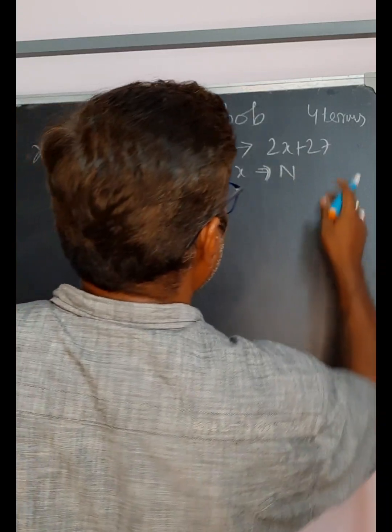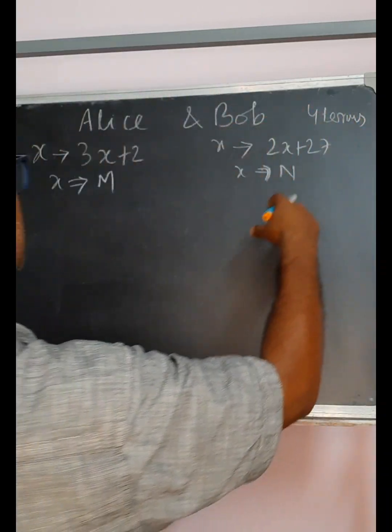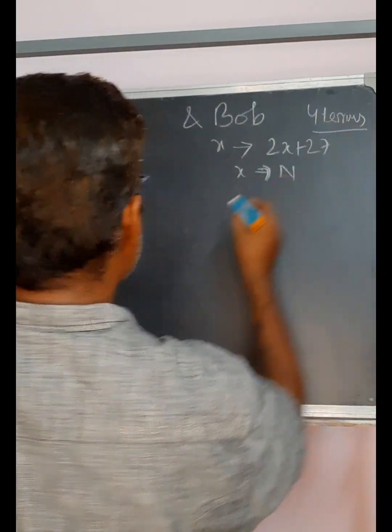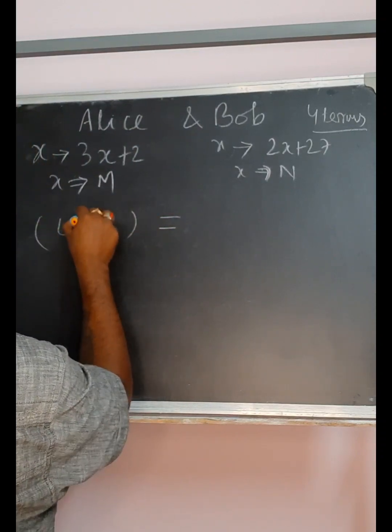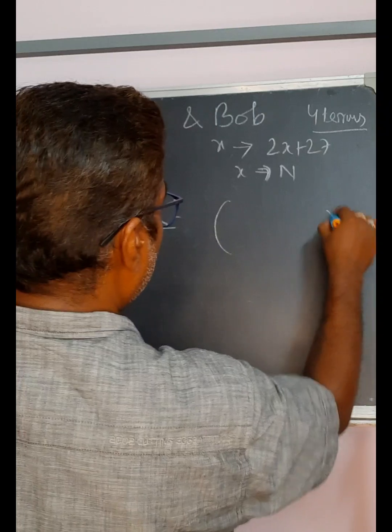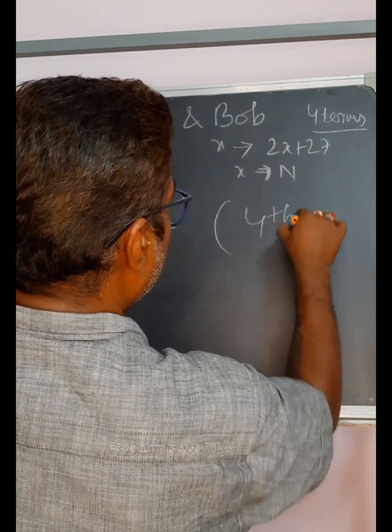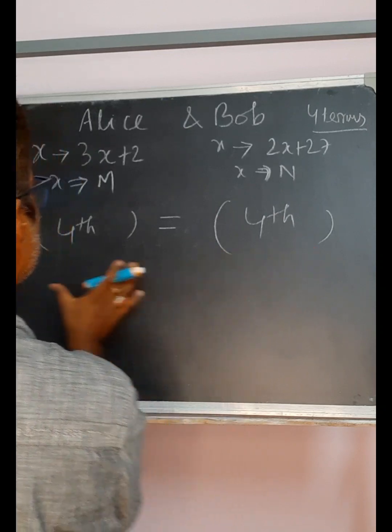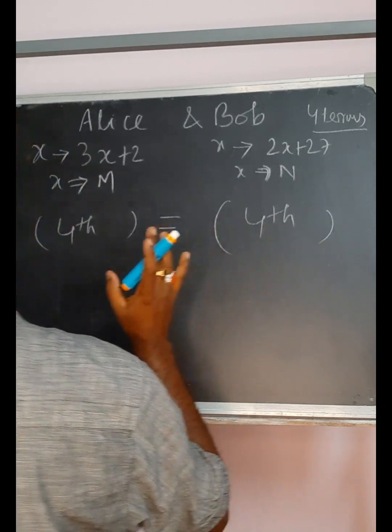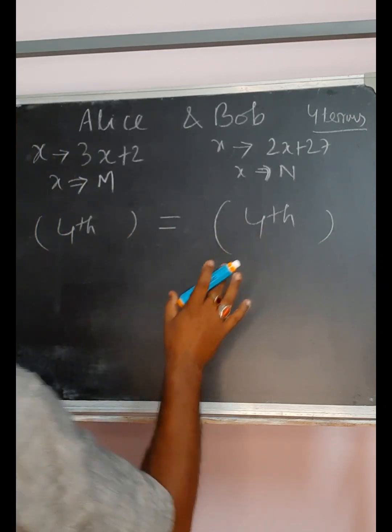Okay, so when they are playing this game, after 4 terms, whatever they find after the fourth term, they find the values of these expressions to be equal. This is the condition of the sum.